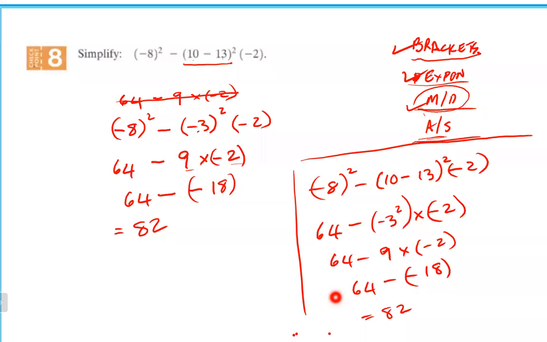The only difference is you could have just done this at the same time when you were simplifying the bracket. So if you're careful, it will still give you the same answer. But I find it's helpful and it reduces your chance of mistake if you just deal with one step at a time. Deal with the brackets, then the exponents, then the multiplication and division, then the addition and subtraction.